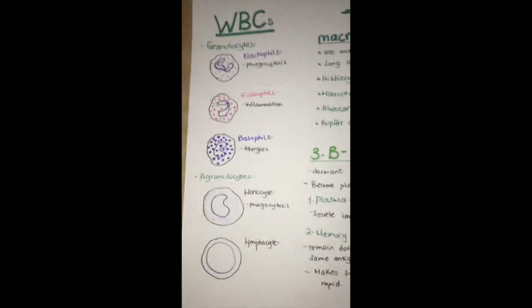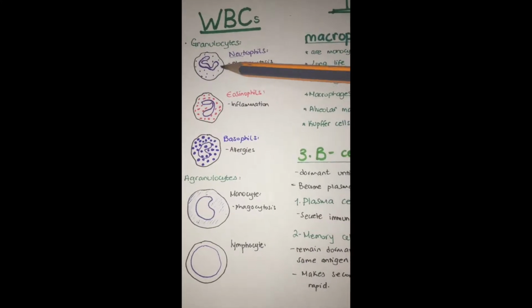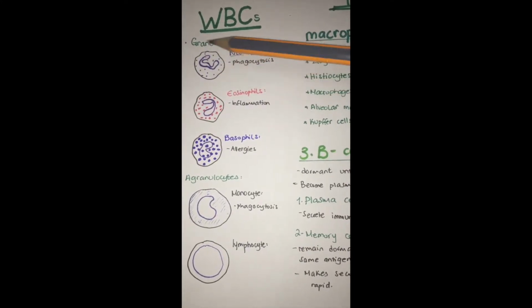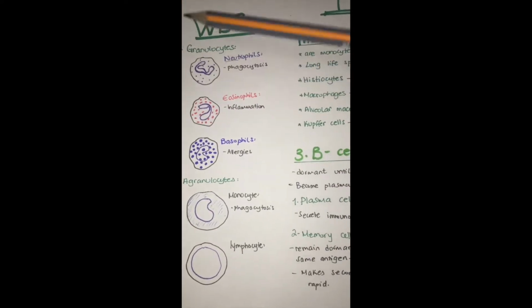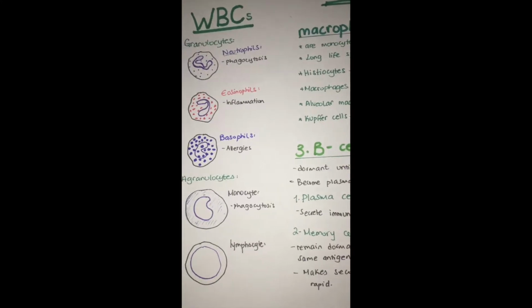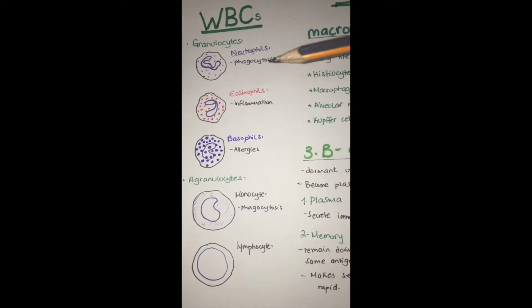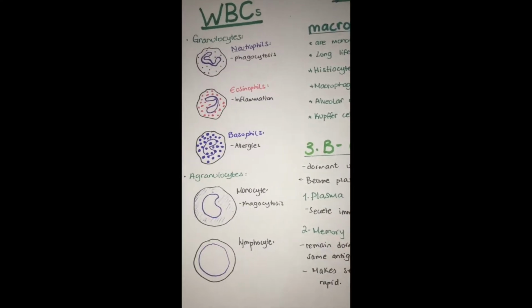And when it comes to stains, neutral usually stains purple. So the stain of the granules is purple. It also has a purple nucleus with 3 lobes or 3 to 5 lobes. The function of neutrophils is phagocytosis, and we're going to be explaining what that is later on.